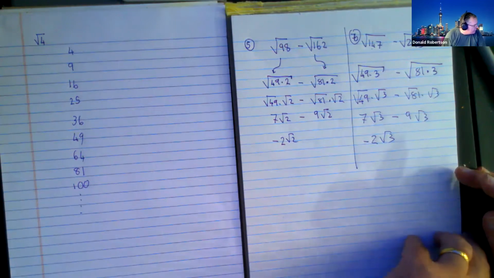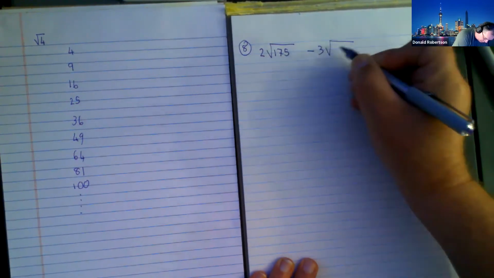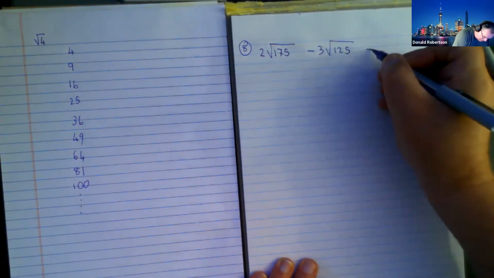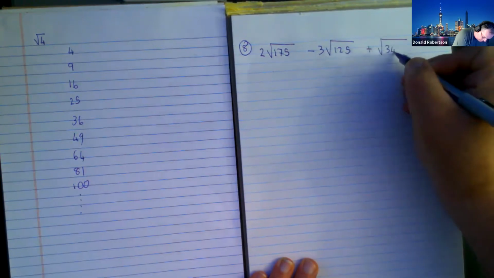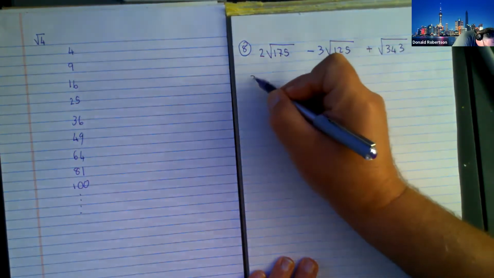I wonder if we can take that a little bit further and maybe do an example like question 8, where it's 2 lots of the square root of 175, take away 3 lots of the square root of 125, add the square root of 343. Okay, so I'll start with this one.